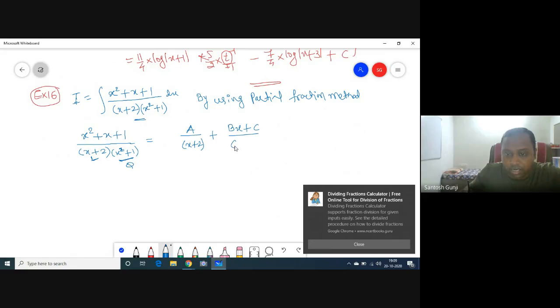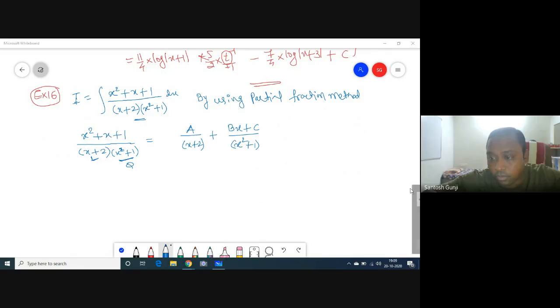This has to be understood by everyone. When you are taking a quadratic factor, you need to take the linear one like bx plus c, and if it is a linear factor, you can introduce only a single constant. It has to be a proper fraction only.